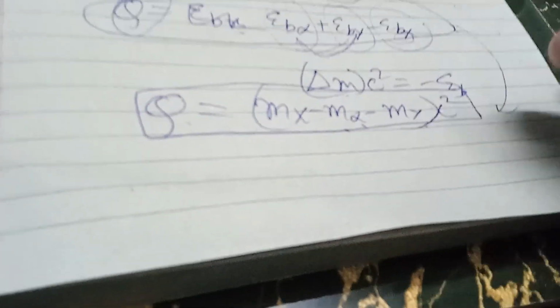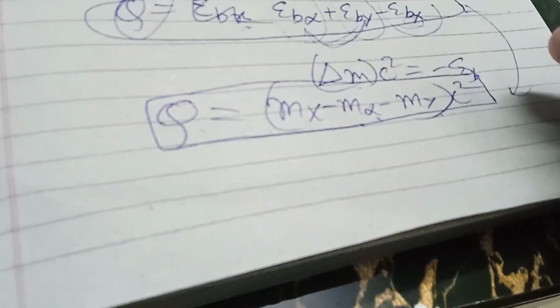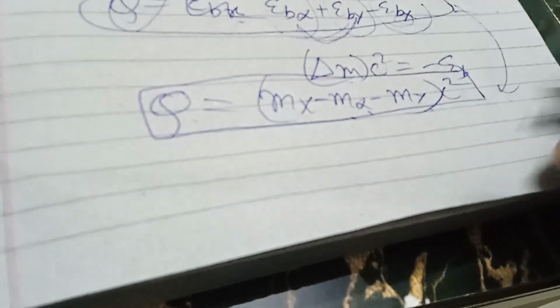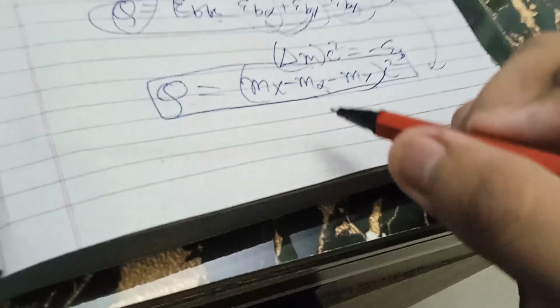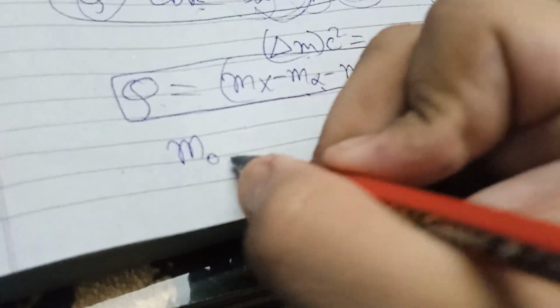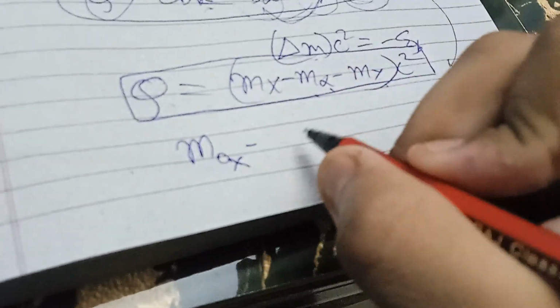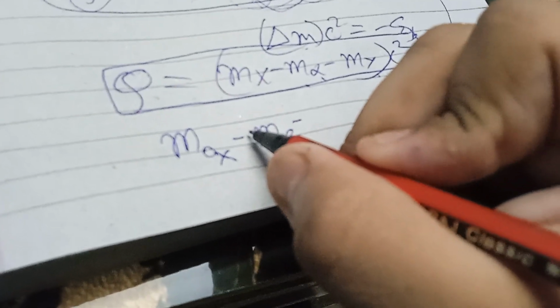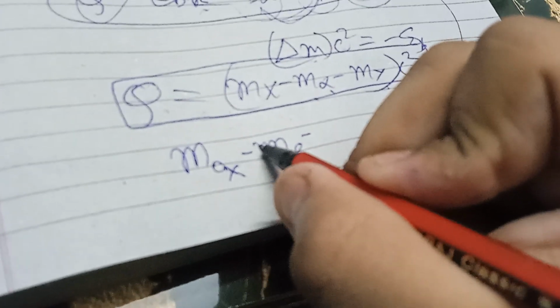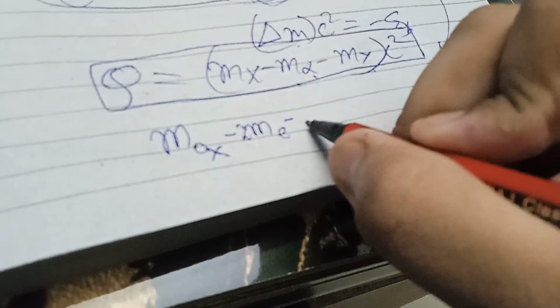Now there is one thing, what are M_X, M_alpha, M_Y? These are masses of nuclei. Now let's simplify so that we can convert it into m naught form. Mass of nucleus is m naught, meaning atomic mass, of X minus mass of electrons. How many electrons? Z electrons, as we have said.